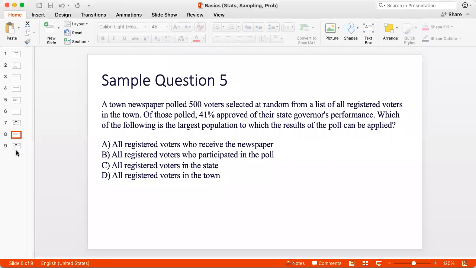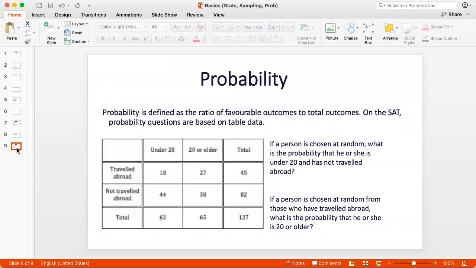Okay. And then when we come to probability on the SAT, you're most likely to see tabular data and the ratio of favorable outcomes to total outcomes as calculated from a table. So let's say I have a table here which has people who have traveled abroad and not traveled abroad here.